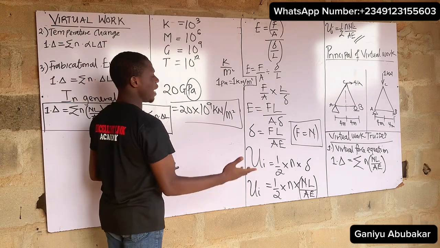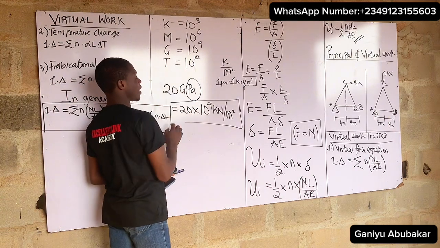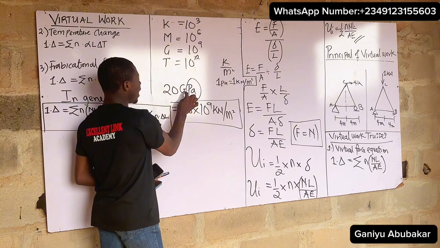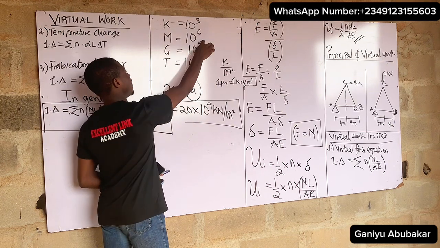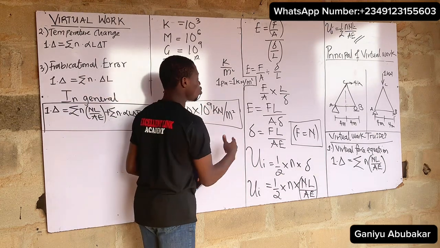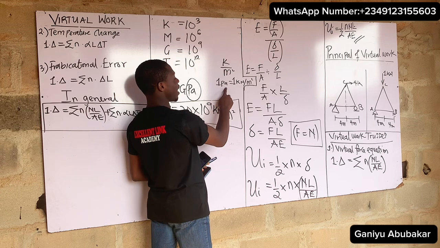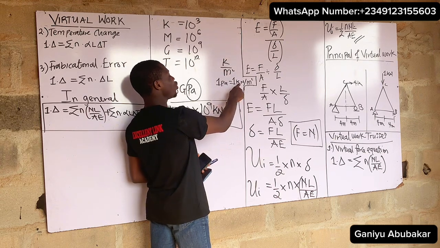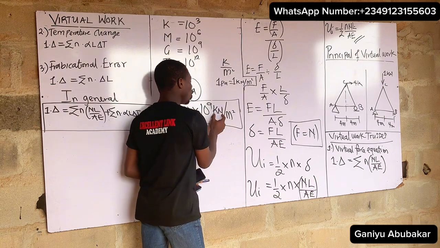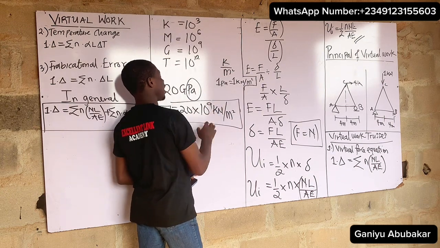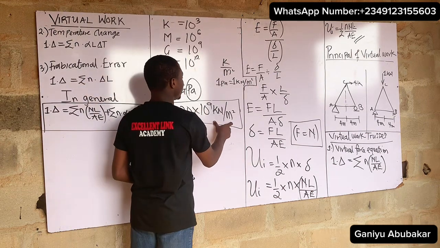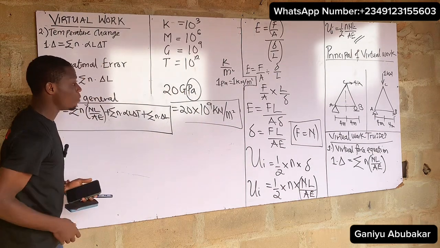So let's say I have 20 gigapascal, for instance. Giga is 10 to the power 9. 1 pascal is equal to 1 kilonewton per meter squared? Kilonewton per meter squared signifies pascal. So I have converted gigapascal to kilonewton per meter squared. You have to convert this stuff here.